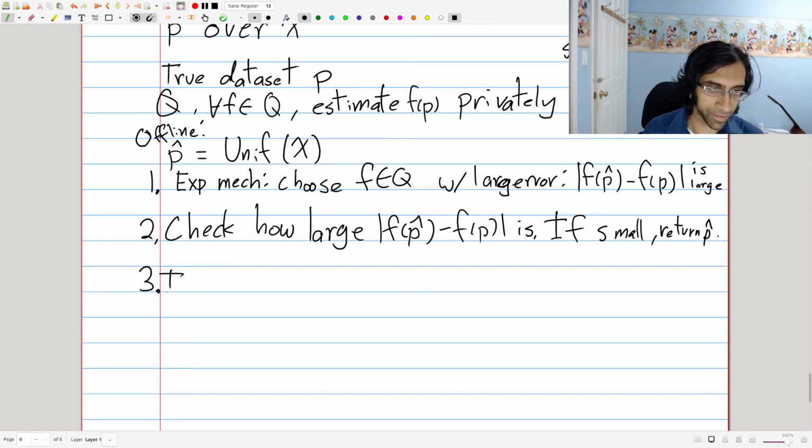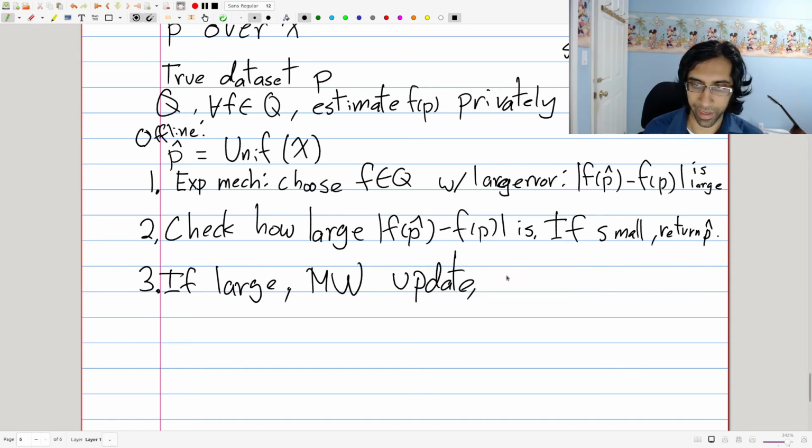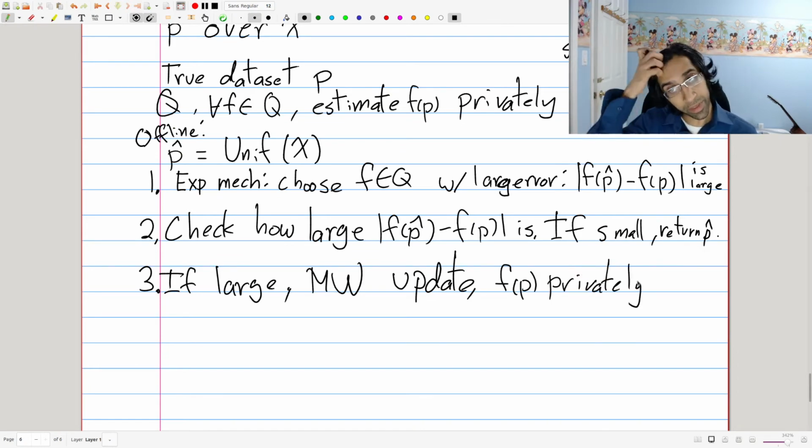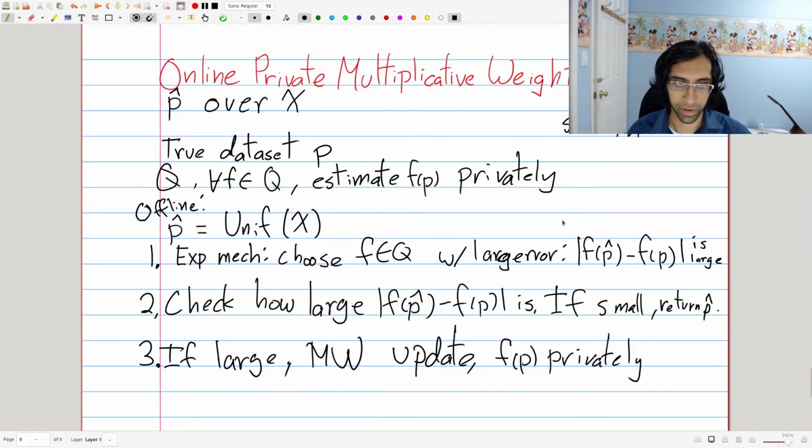And if it's large, then you perform a multiplicative weights update. You do this using f on p, but privately. So that was a 3-step approach to the multiplicative weights algorithm for queries in an offline setting. Use the exponential mechanism, check how much error that had, and if the error was small, we return. Otherwise, if it's large, we use the multiplicative weights update.